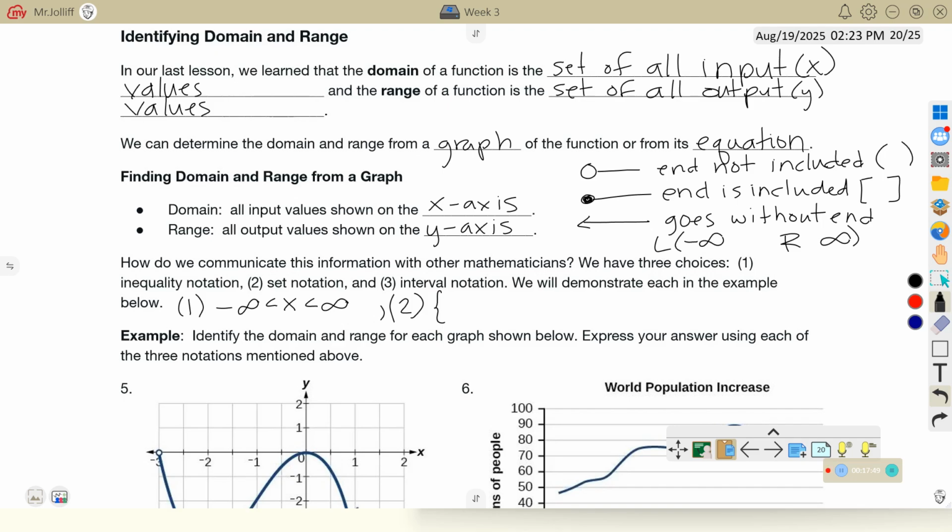So if I'm talking about domain, that would be x. And then I draw a vertical line to stand for such that. I'm saying all x such that, and then I'm going to give a condition for my x. Where does my x exist? So for example, I could say x greater than 0. My function only exists on the positive half of the graph.